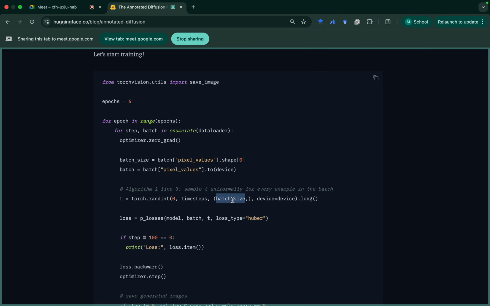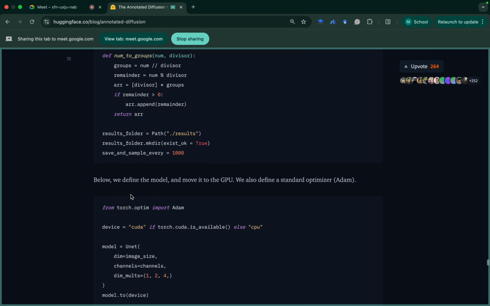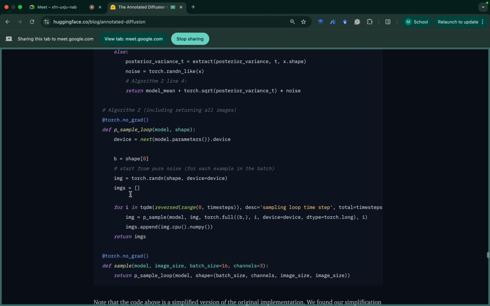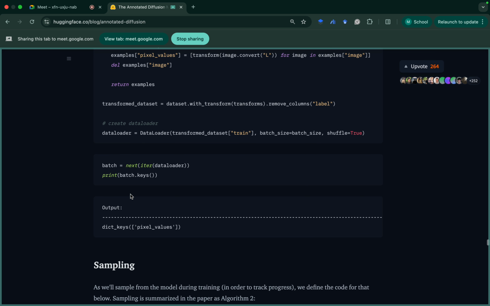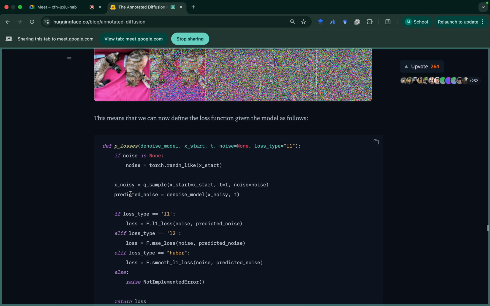So if I have a batch of 100, I sample 100 time steps, one for each image, and then I pass it through this function p losses, which takes in the model, your input data, and the sampled time steps, and it calculates the loss. So where is that p losses function? This is the model, this batch of data, batch of time steps.